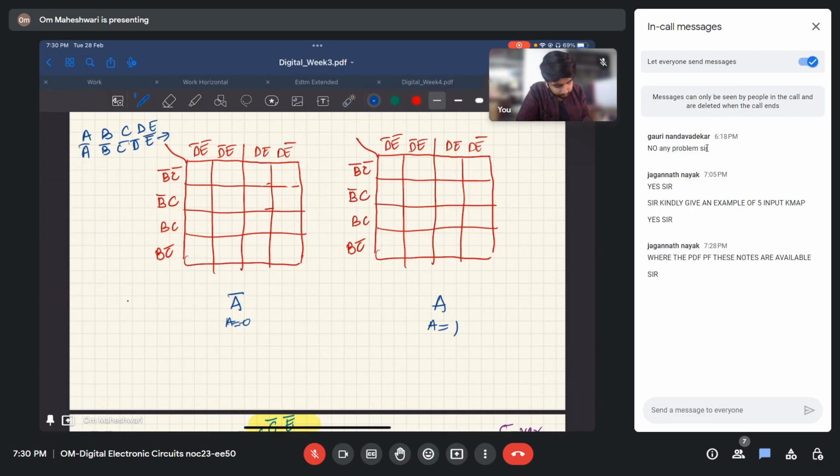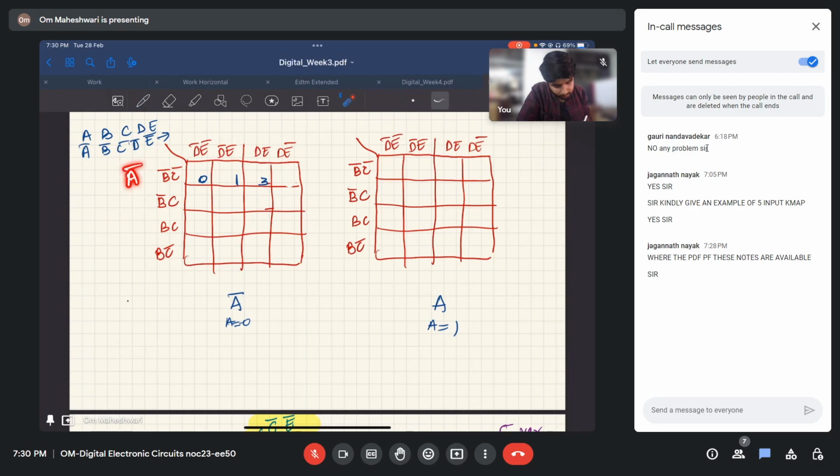So 0 here. Now A bar, B bar, C bar, D bar, E. That is 1. Then A bar, B bar, C bar, D, E. That is 3.